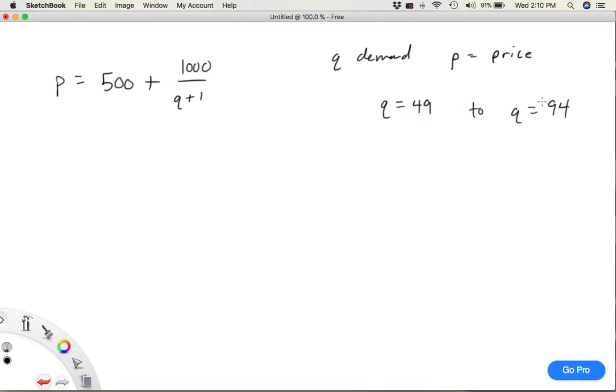Okay, so we have P equals 500 plus 1,000 over Q plus 1. And the average value function is going to be the same.